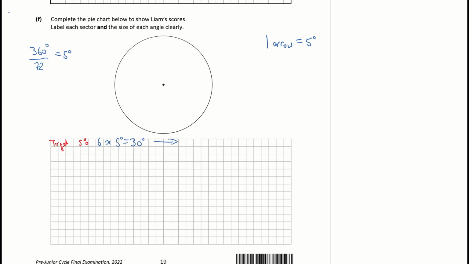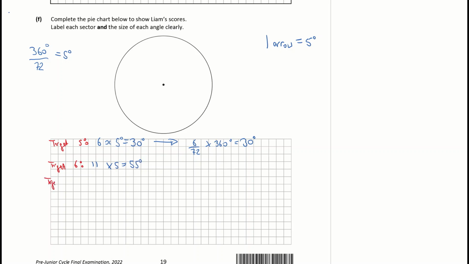An alternative way of doing that is you could also take the 6 arrows, put it out of 72 and times it by 360, and you'll also get 30 degrees. Target number 6 was hit 11 times. So I could just go 11 by 5 and get 55 degrees.